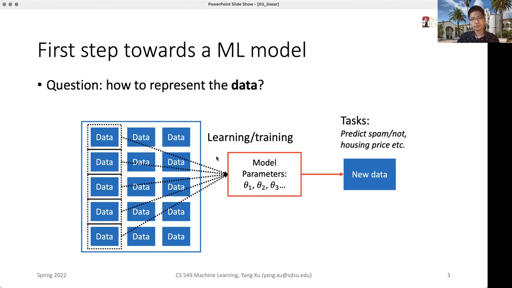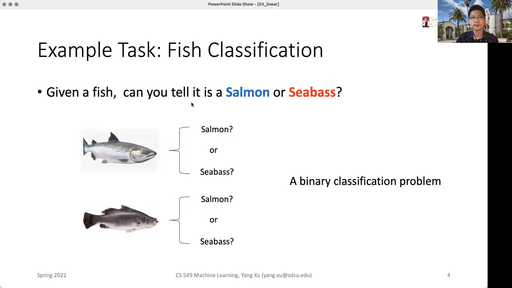The first question that we need to figure out is, how do we represent the data as a common practice? We will introduce the concept of features. Features are the numbers or numerical measures that we use to represent the data, so that the data can be loaded and used to train the model's parameters.